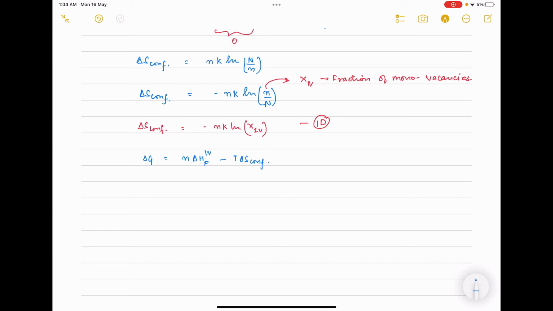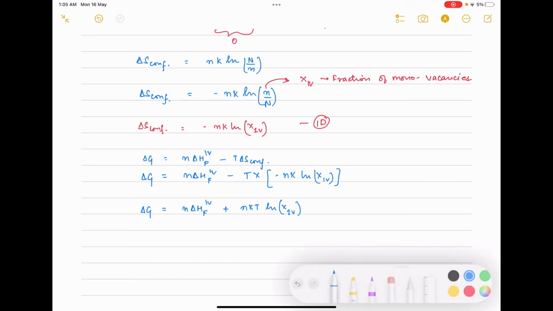So after substitution, we get delta G equal to n delta H F1v minus T times minus nk ln x1v. Okay, so this becomes delta G is equal to n delta H F1v plus nkT ln x1v.